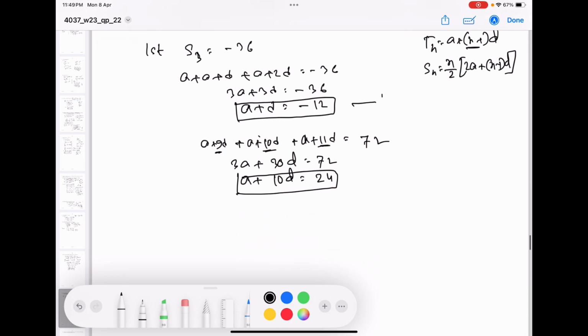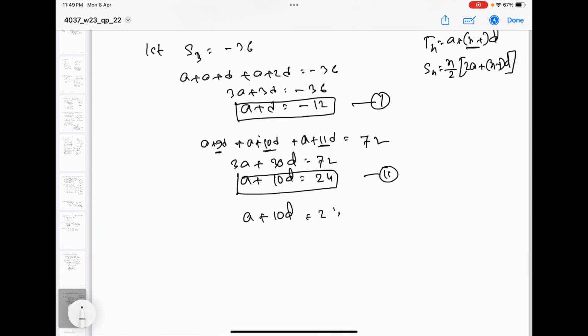Now we are finding the first term and common difference. So this is equation 1 and this is equation 2. We can do the simultaneous equations by elimination method. a plus 10d equals 24, then a plus d equals minus 12. Now subtract: 9d equals 36, so d equals 4.